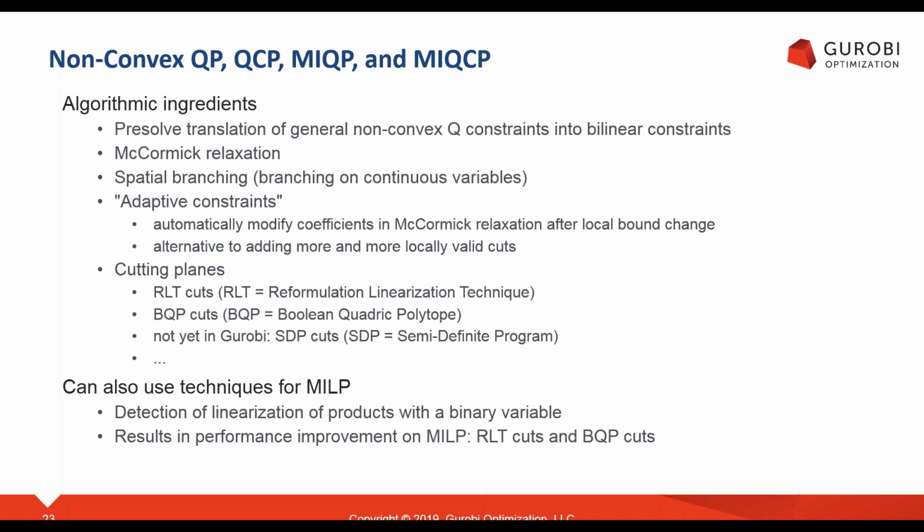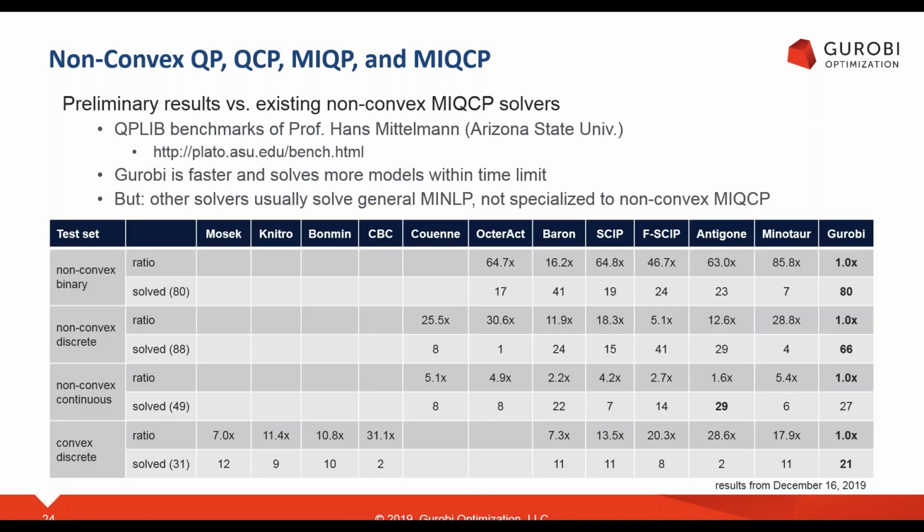And now we can reverse engineer this linearization. So that means we detect this modeling of products in the full model so that we can identify that there is a variable, say z, that is equal to the product of some other variable x and some other variable y. And then we can use this product detection in order to separate RLT cuts and BQP cuts. And this is one part of the speed up for MILP that we have achieved for Gurobi 9.0.